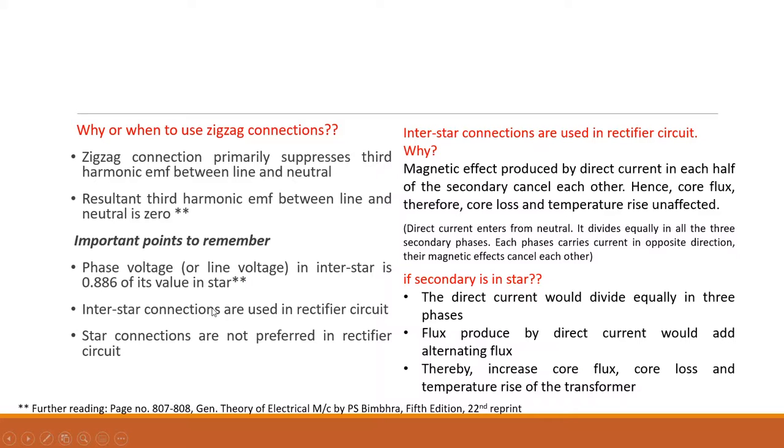Inter-star connections are used in rectifier circuits; star connections are not preferred in rectifier circuits. Now why is inter-star connection used in rectifier circuit, that could be one question. The possible reason is that the magnetic effect produced by direct current in each half of the secondary cancels each other.